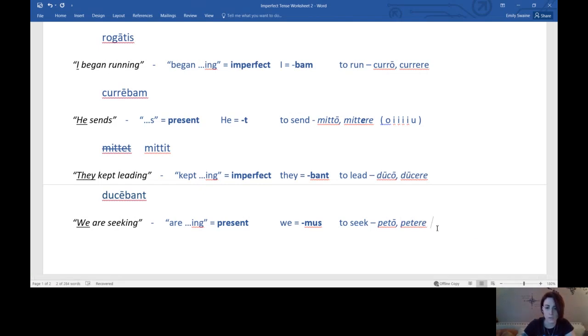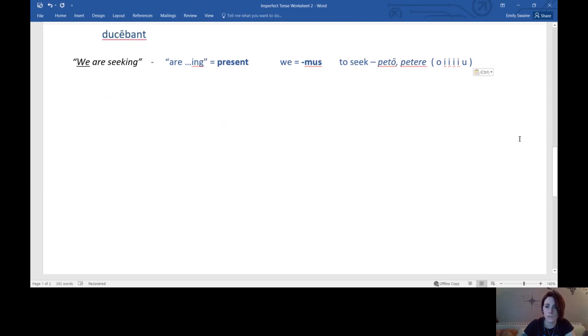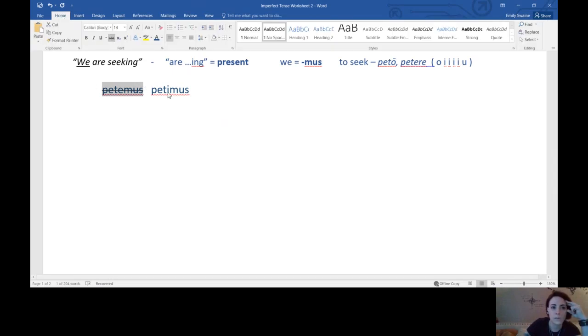So this verb is going to be one of our O-I-I-I-U words. So we're going to our second form, and it's a "we." So it's going to be petimus, not petemus. This is the future form, right? This is the form where the short E isn't transforming, and we don't want that.